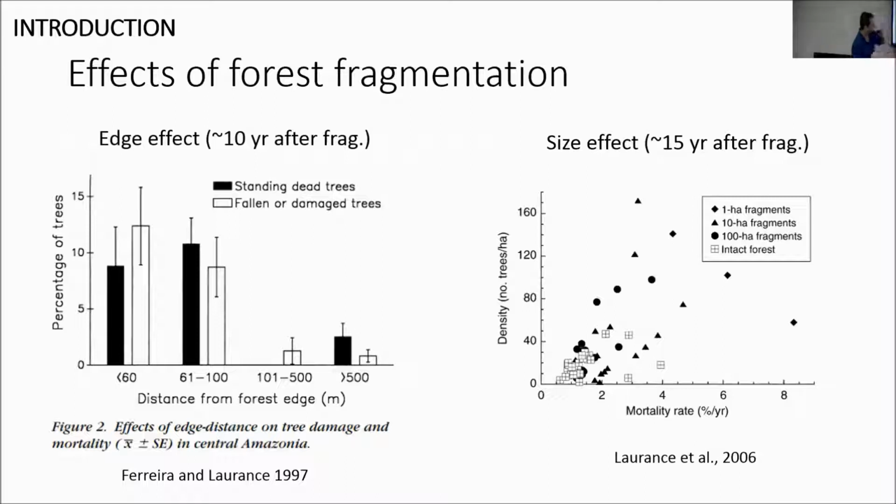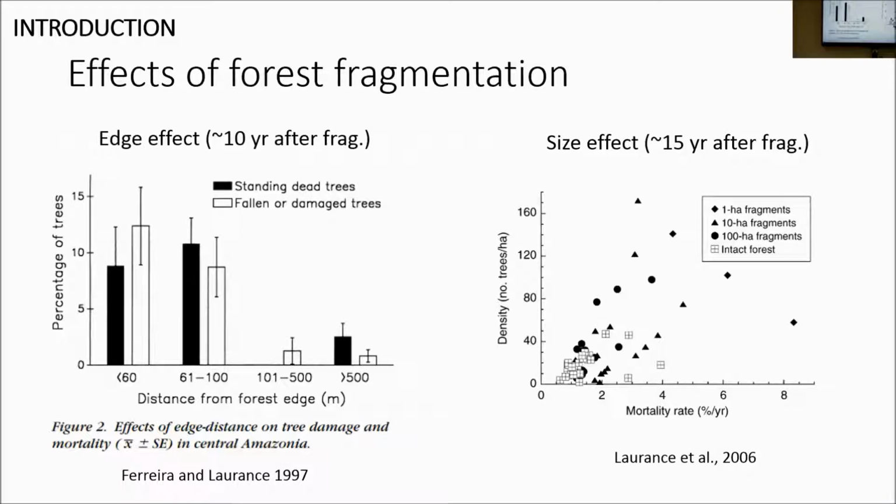Okay, this is the size effect. We were talking about the edge effect. That's an example of the size effect. And we have the 3 sizes of the fragment and an intact forest, a non-fragmented forest. And we can see here the mortality and the increase of pioneer trees. This is the density of the pioneer species.